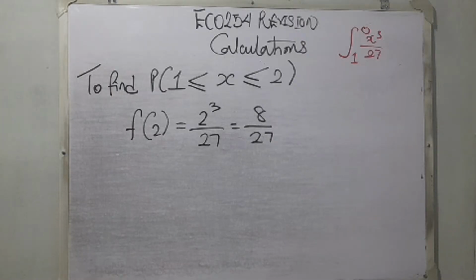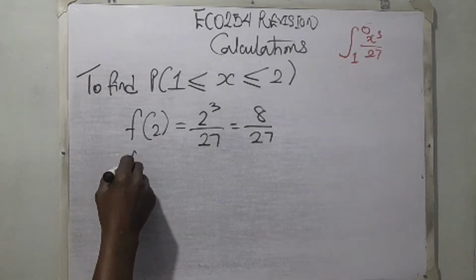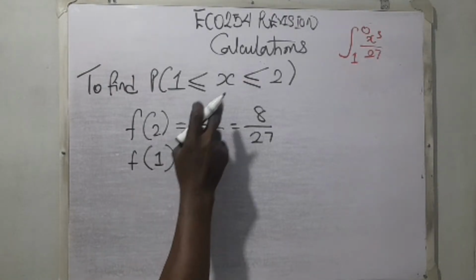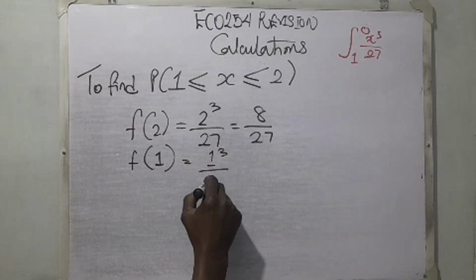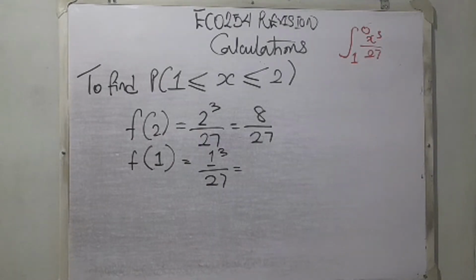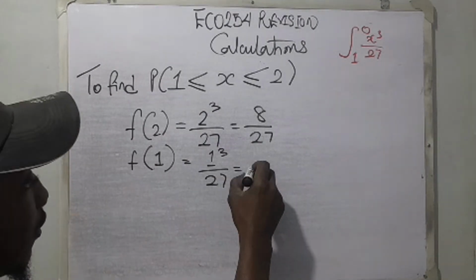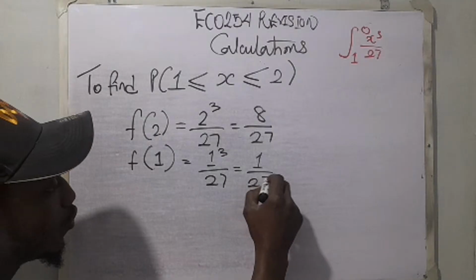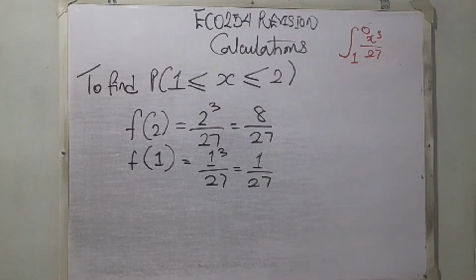And for function 1, it's still the same thing as 1 over 27. So we have that as that.